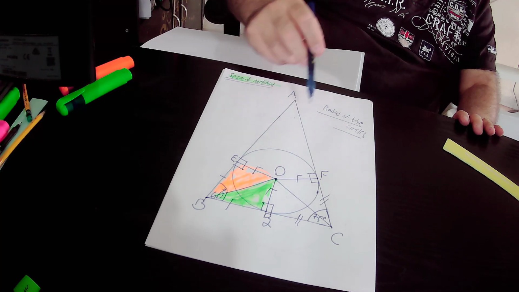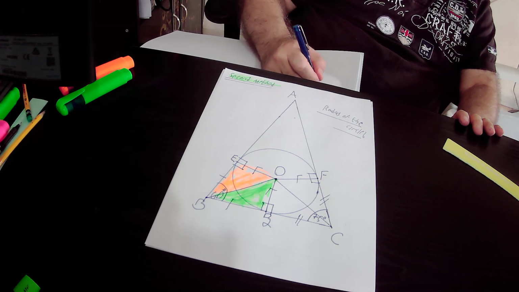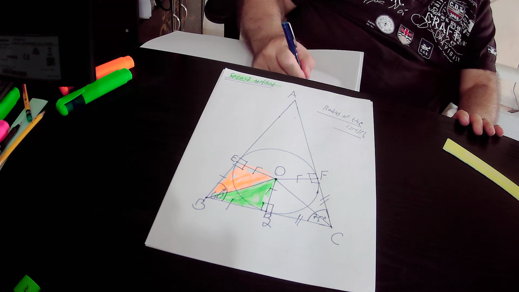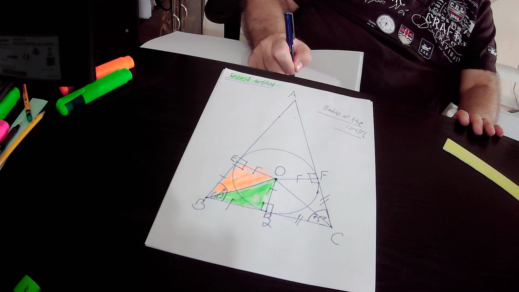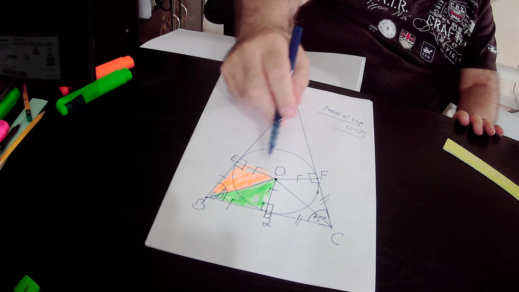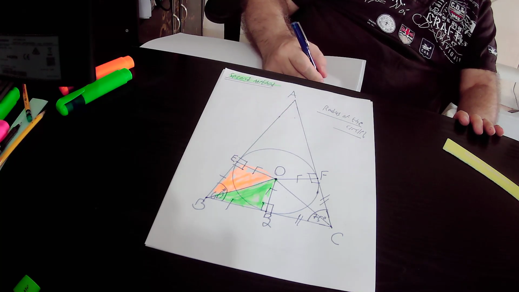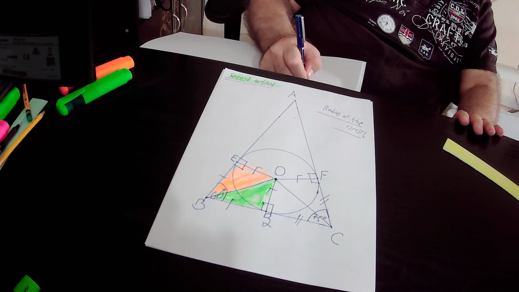They are both the radii of the circle that is equal to R. So DO equals OE equals R. They are both the radii of the circle, therefore they are equal to each other. Finally, BO is a common side that belongs to both triangles, so side BO equals itself. It's a common side that belongs to both triangles.